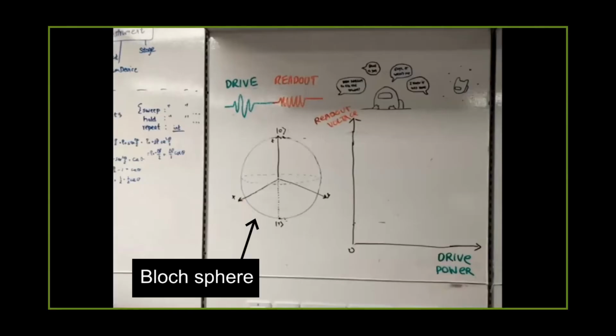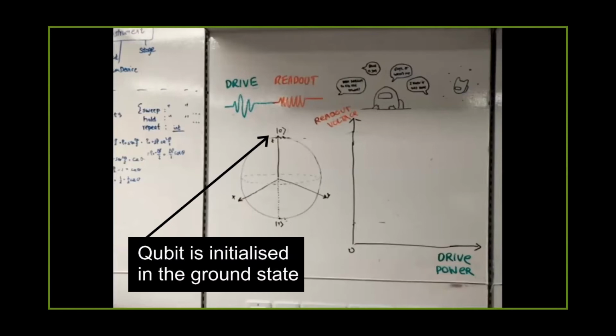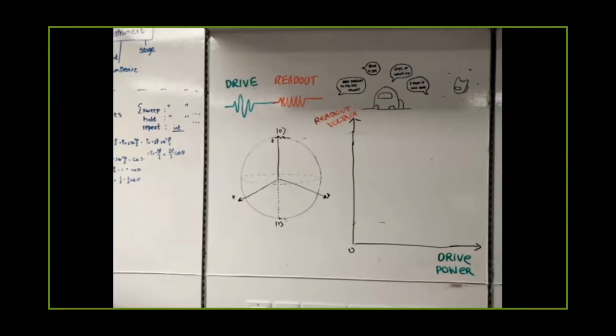This is the Bloch sphere representation of the qubit, and since our qubit is in the fridge at a very low temperature, it has no energy, and therefore it will be initialized in the ground state. Our power Rabi experiment consists of sending in two pulses. The first pulse is a drive pulse in green, and the second pulse is a readout pulse in red.